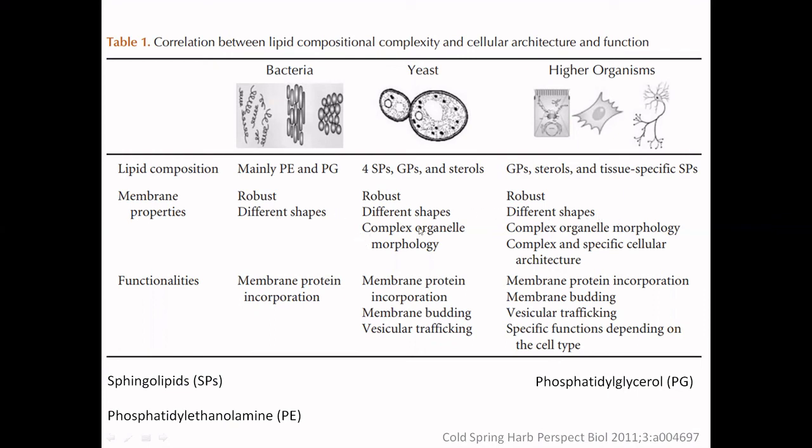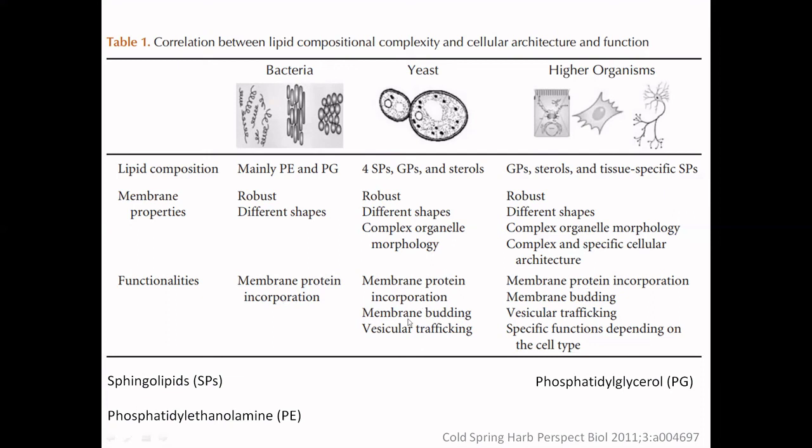Whereas in the yeast, it is a complex organelle morphology, and in case of the higher eukaryotes, in addition to the complex organelle morphology, you will find the specific cellular architecture. Then coming to the functionalities, membrane protein incorporation is found in the bacteria, yeast, and the higher organisms.